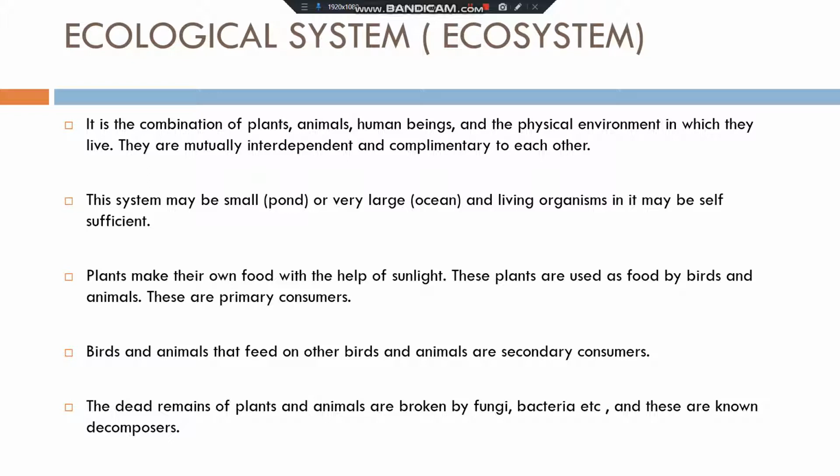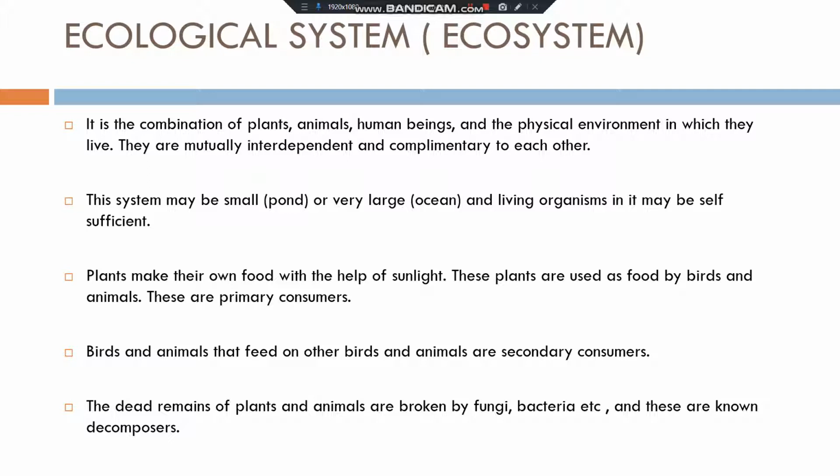Plants make their own food with the help of sunlight, or photosynthesis, and these plants are then eaten by birds and animals. They are the primary consumers. Okay? The birds and animals that eat other birds and animals are the secondary consumers.